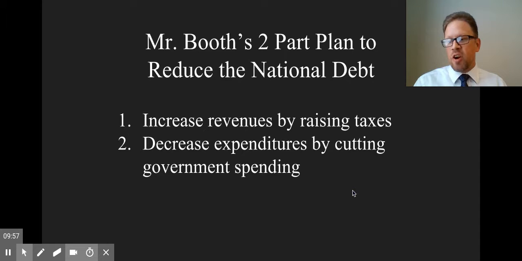Occasionally there are calls for a balanced budget amendment to the Constitution, but this has not received enough support since it would limit the government's ability to respond to recessions and maintain many programs. For instance, a balanced budget amendment might force the government to cut spending on programs across the board.